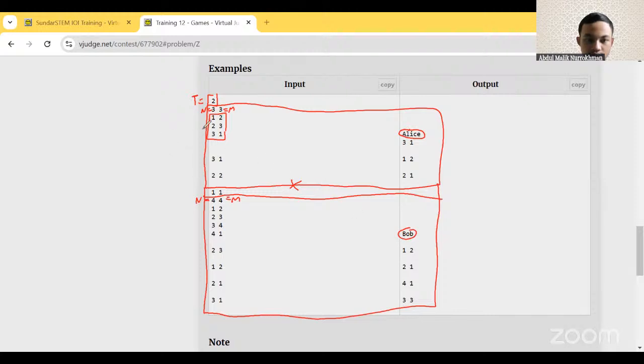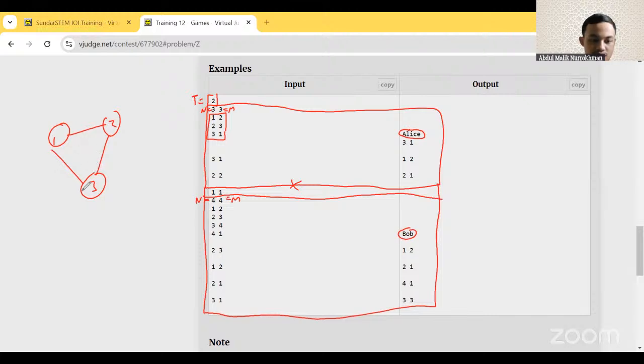Let's see the first test case. The graph given is like this, and we play as Alice. After that, Bob colors node 3 with color 1.